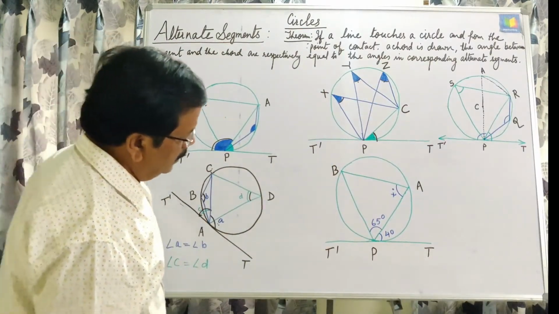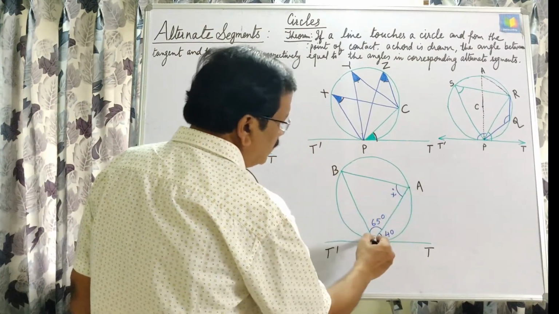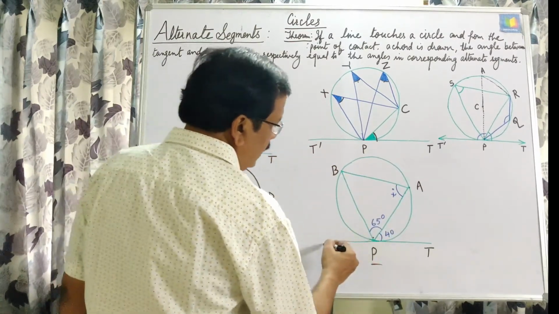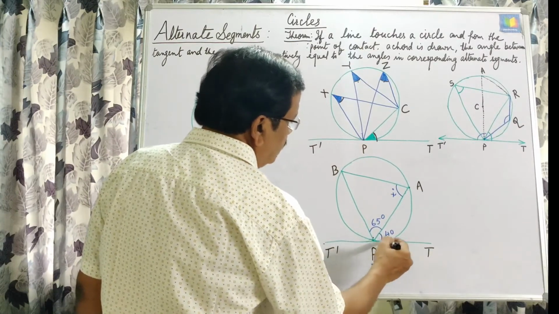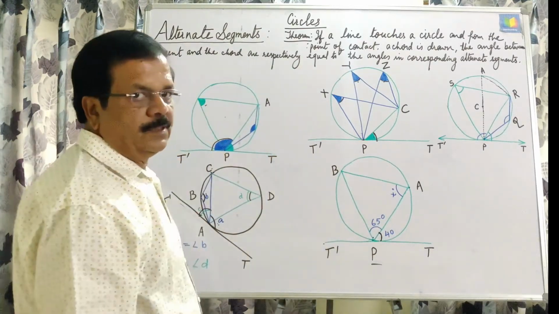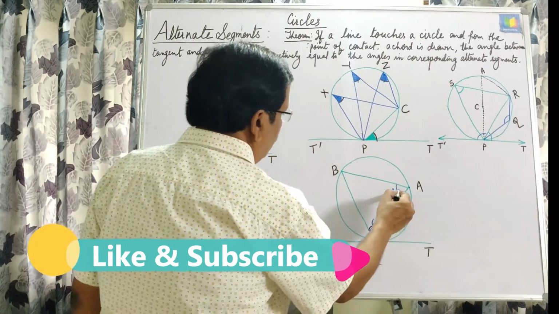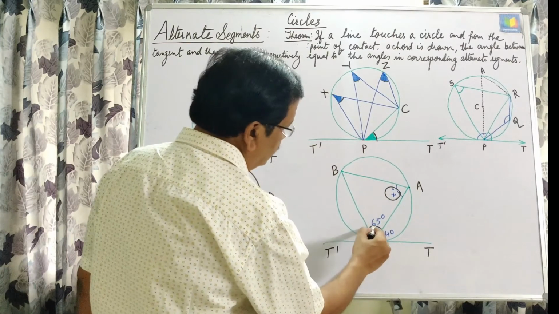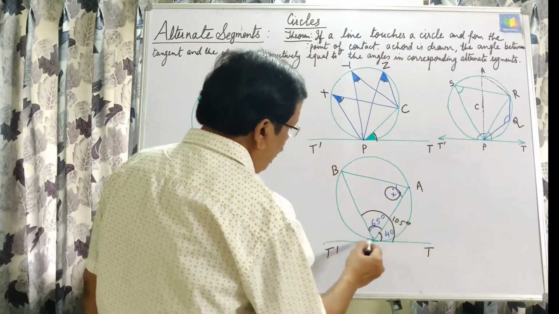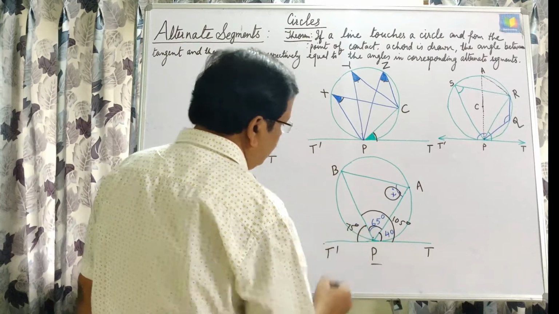Now here is an oral question. AP is a chord which divides this circle into two segments, and the tangent drawn is T dash P T, and this angle is making 40 degree here. And if this is 65 degree, then what will be the value of x? You can see 40 plus 65 will be 105 degree, and then because of linear pair, this angle will be 75 degree.